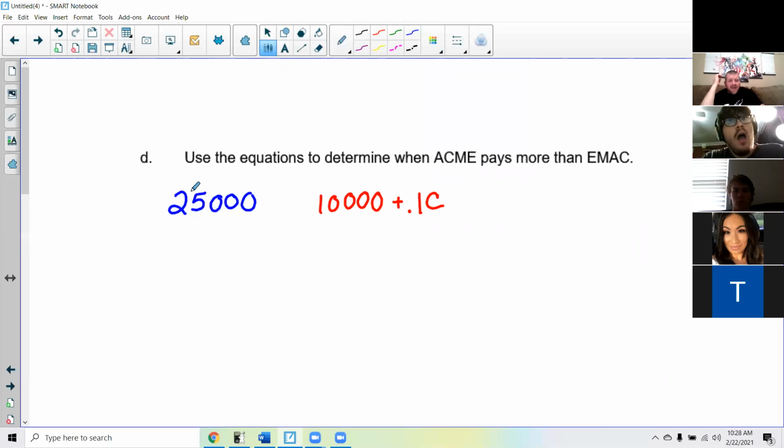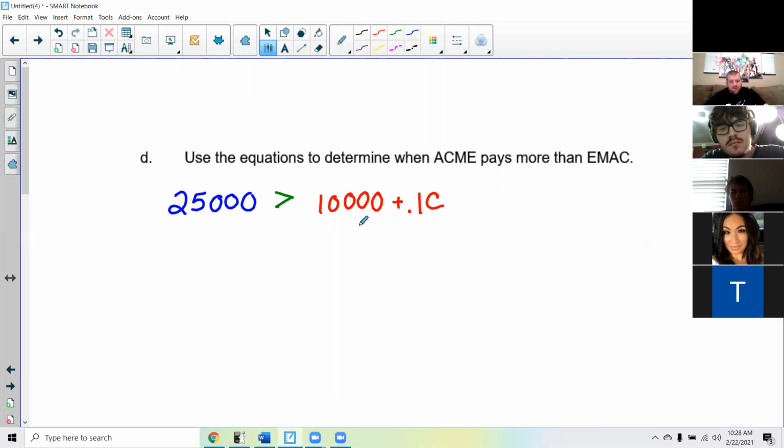I want to know when Acme pays more than Emac. I want to know when Acme is greater than Emac. Okay. I know they're equal when C is 150,000.